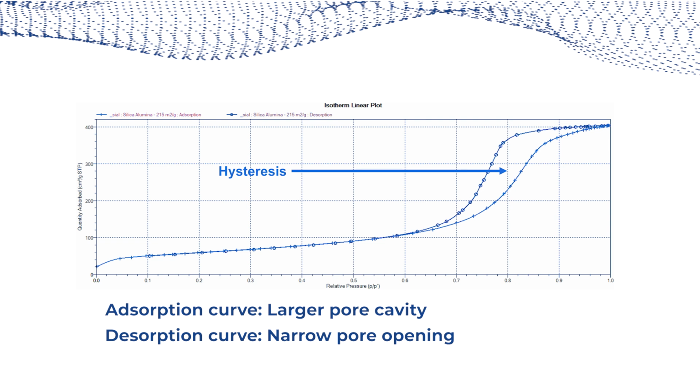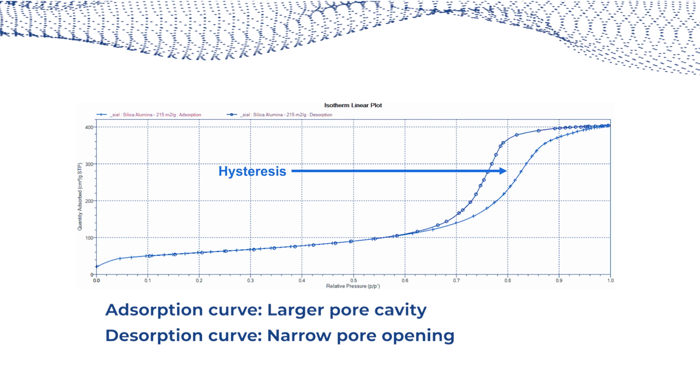What this means for our pore size distribution is that when we measure the BJH adsorption, our adsorption pore size is a combination of these channels as well as these larger cavities. Essentially, we're seeing an effective pore size distribution that counts these larger cavities when looking at BJH adsorption. When we look at BJH desorption, we're only looking at these smaller channels and not the larger cavities.